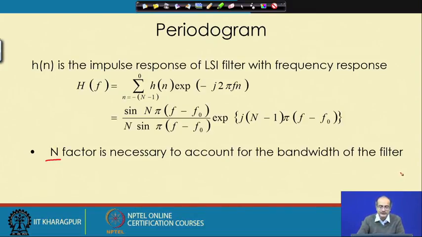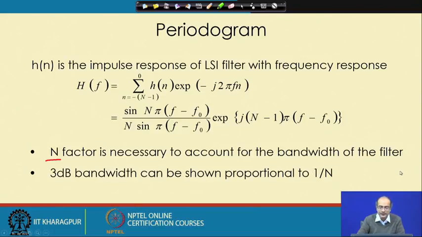It is determined by N, and the 3 dB bandwidth of that bandpass filter is proportional to 1 by N. So, if we have more and more data, that bandwidth would be smaller and smaller, and it will slowly converge towards the impulse function in the frequency domain.